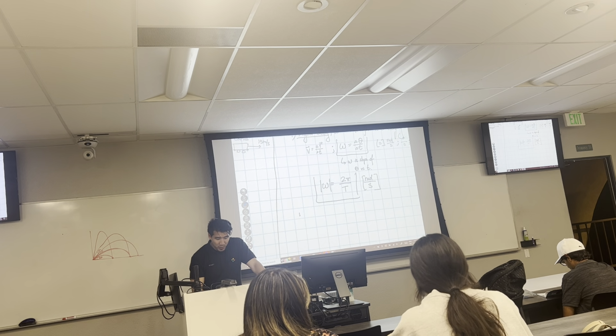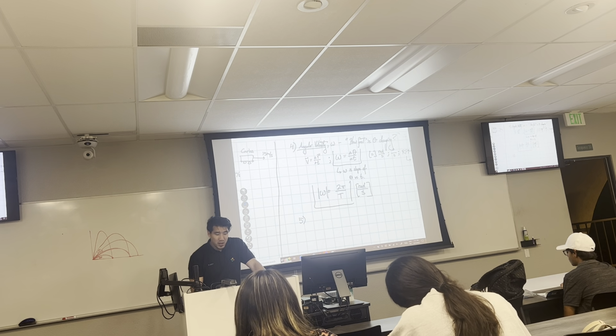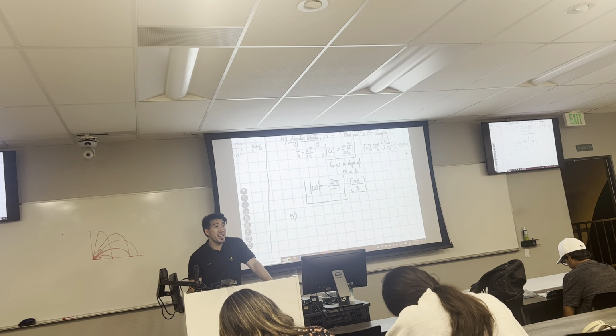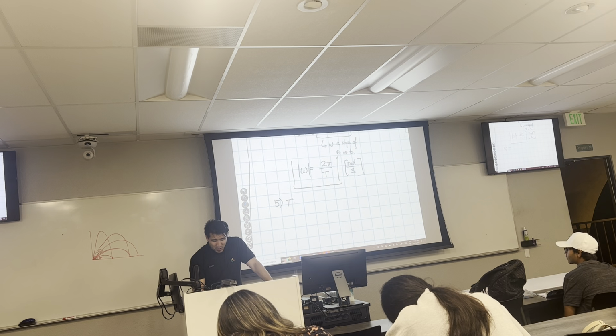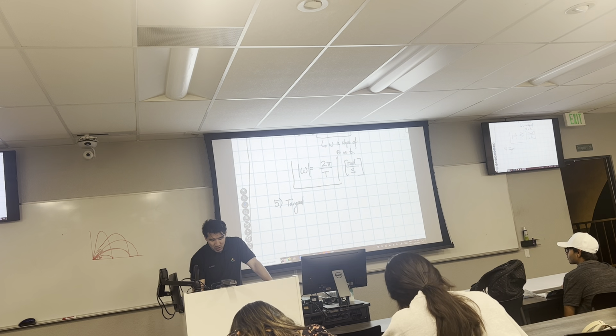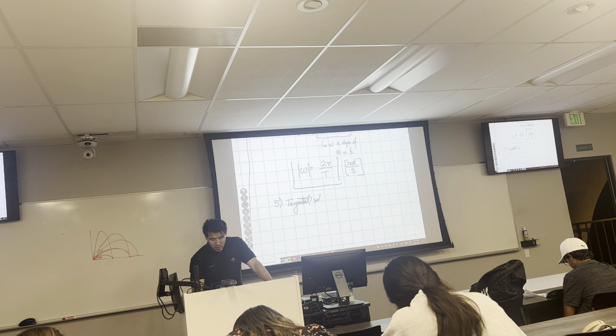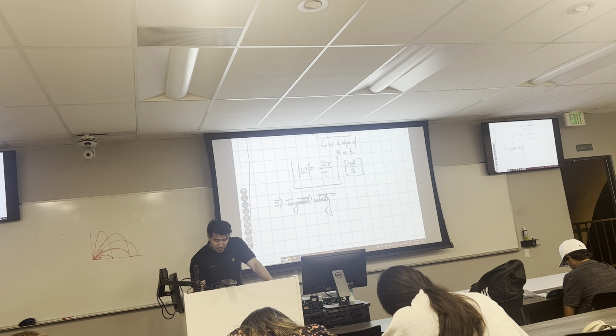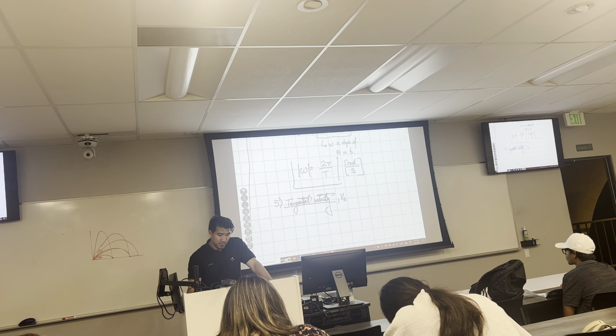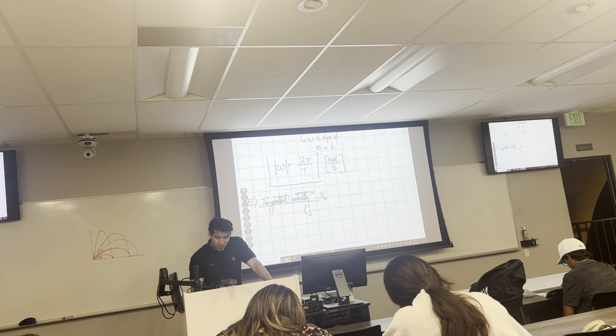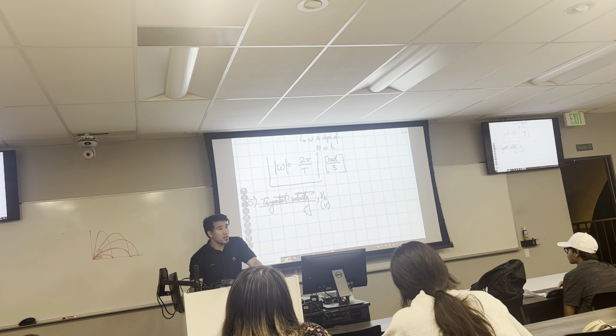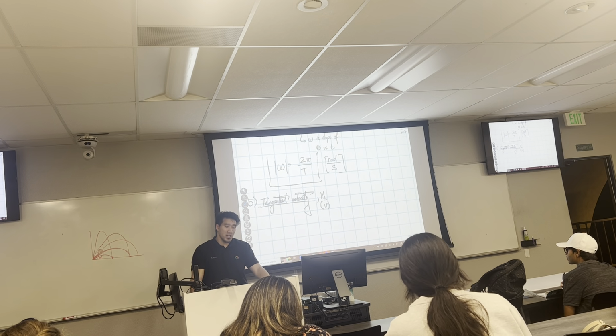Now number 5, instead of angular velocity, there is what is called the tangential velocity. We call that v sub t, or you could simply call it v because it is the speed.